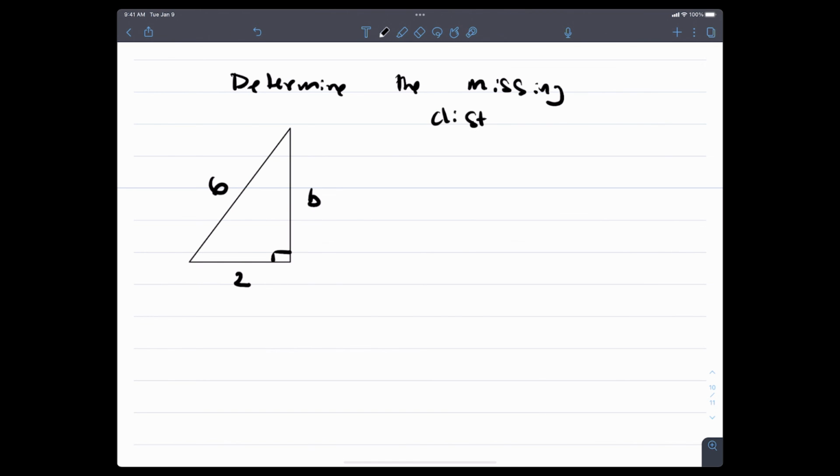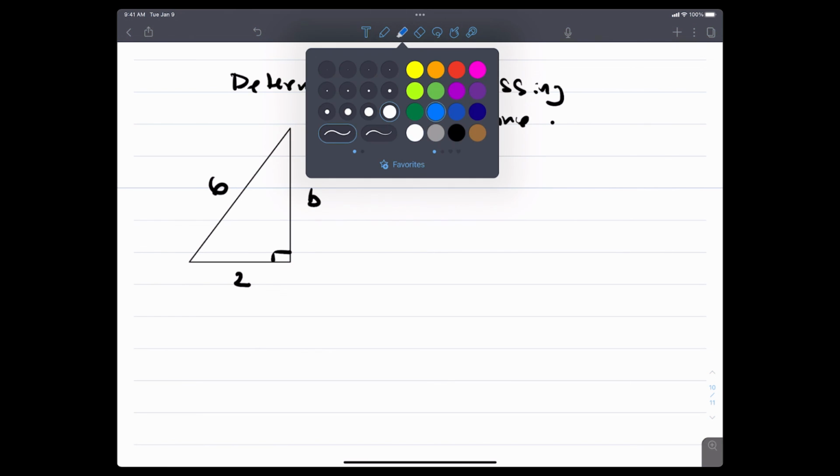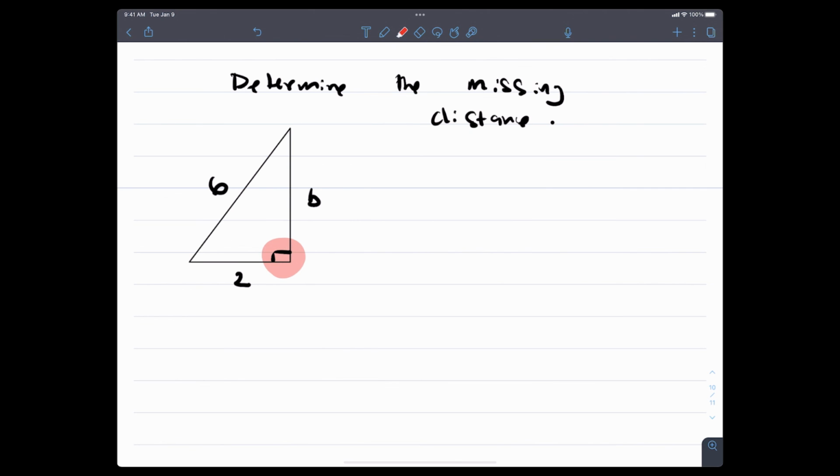That's always a very popular thing. What do you have to use? The Pythagorean theorem. You have to see that square. It has to be a right triangle. That has to be 90 degrees. Okay, Pythagorean theorem only applies if there's a 90-degree angle.